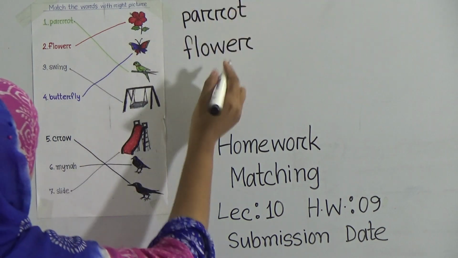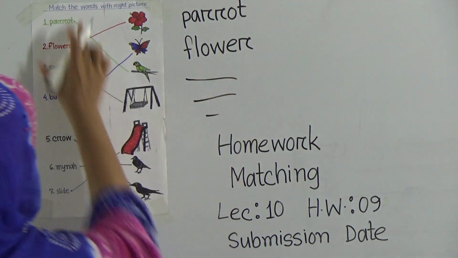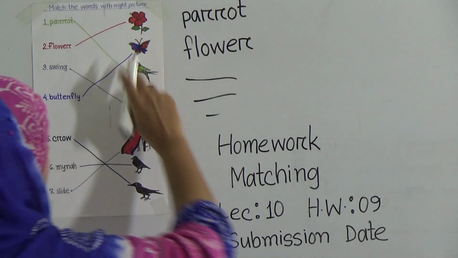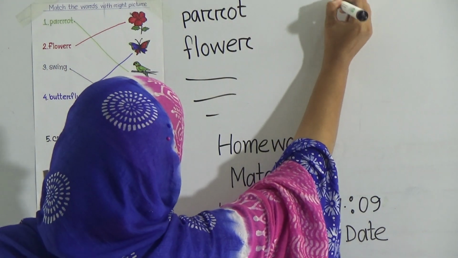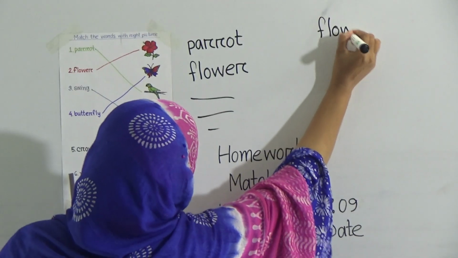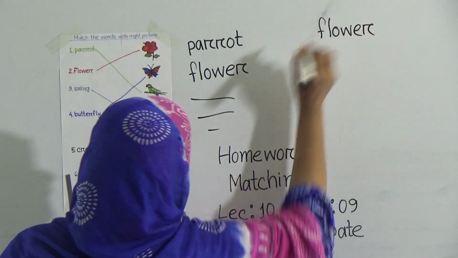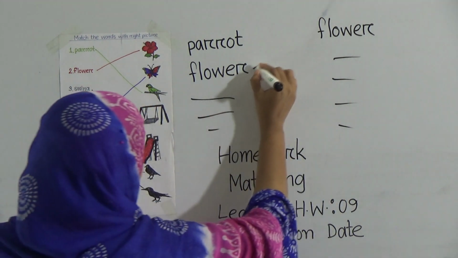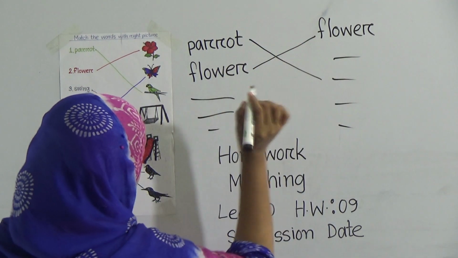You will write all the words here, and on the other side, if you can draw the flower, you will write flower, and other words. And after that, you will match flower with flower, parrot with parrot, like this.